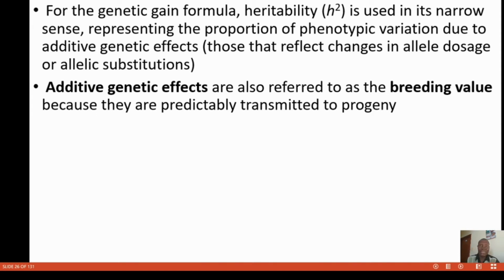These additive genetic effects are also referred to as the breeding value. I emphasize the word breeding value because these additive genetic effects as breeding value are the ones that are predictably transmitted to progeny.